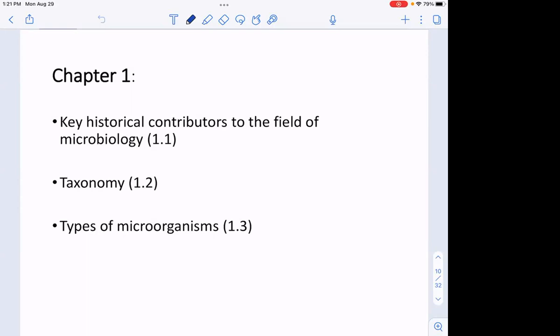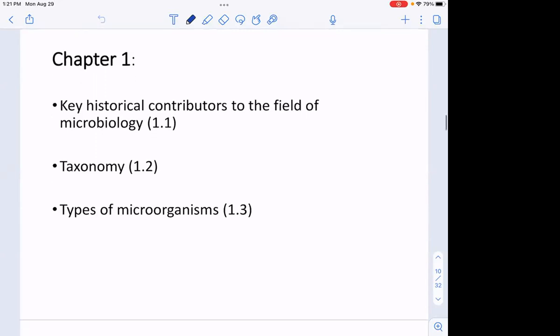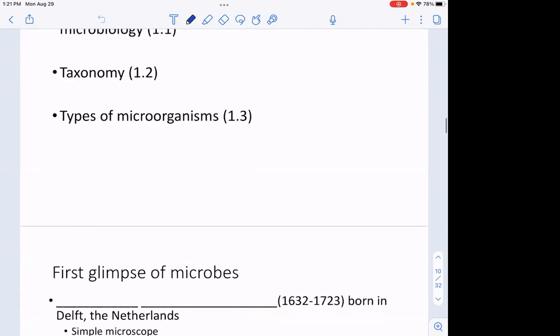we're going to get into a little content of chapter 1 here. Again, I'm sorry, I probably bore you to tears when you don't have anything to look at up here, but hopefully you can bring those up on a device. We're going to talk a little bit about some key contributors, historical figures in microbiology, a little bit of taxonomy, which we don't spend too much time on, as well as types of microorganisms.